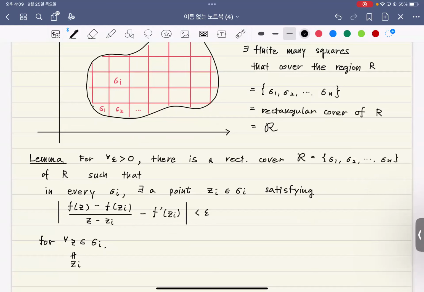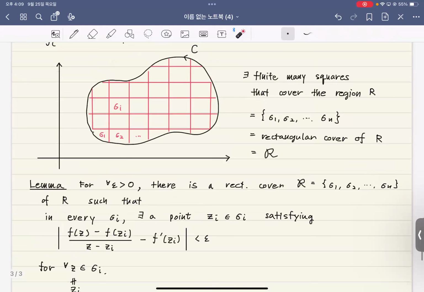Then you can find a rectangular cover of the region R, bounded by curve C, such that for this cover and for every square, you must be able to find some point inside the square, which I will call z_i, satisfying this inequality.